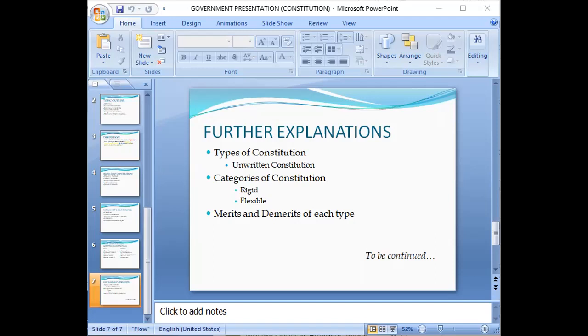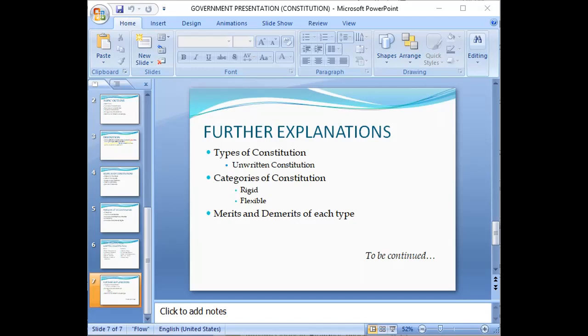So we can continue. Like I was teaching, we have a few minutes left. Like I was teaching, I said that number 5, we have individual rights that are enshrined in a written constitution, whereas they are not stated in an unwritten constitution.